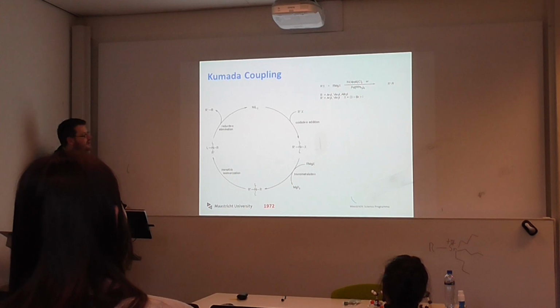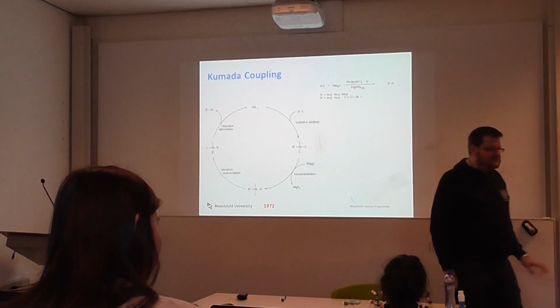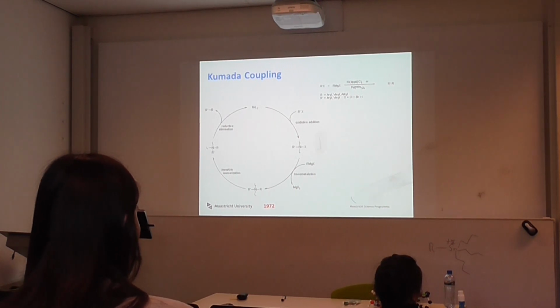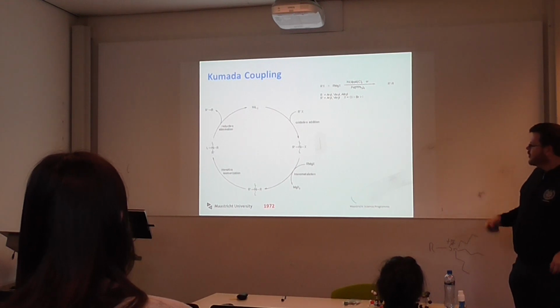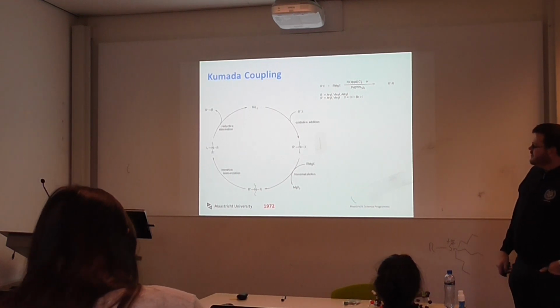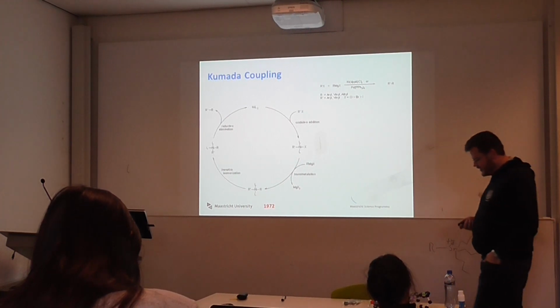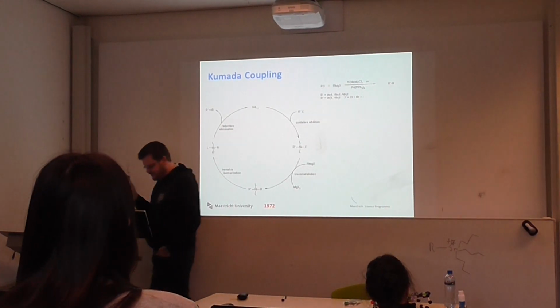Kumada coupling, another variation on the theme. You can do this with nickel as well, nickel or palladium. A lot of these coupling reactions in fact work also with nickel reagents. And same story as before. The only thing is in Kumada coupling, it's the choice of the transmetallating reagent ultimately.